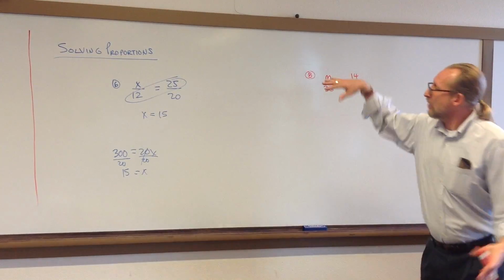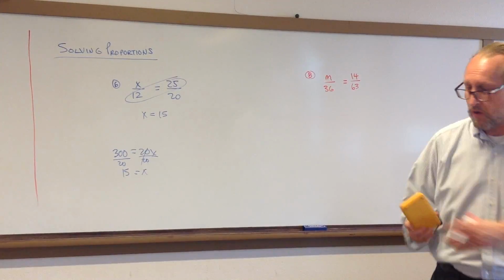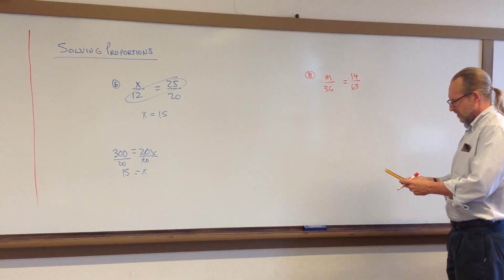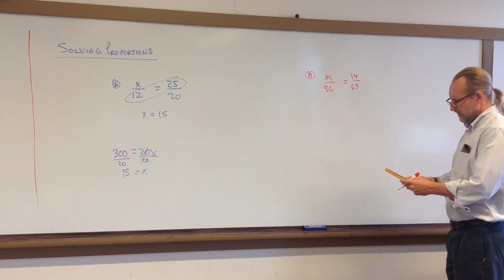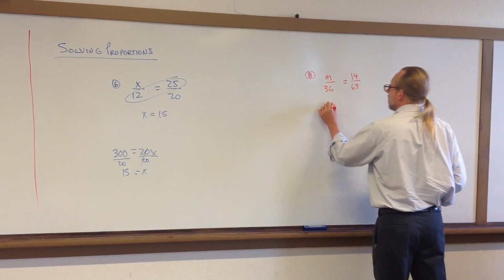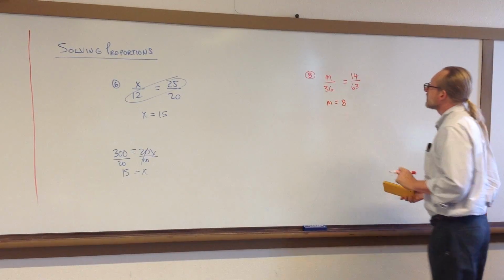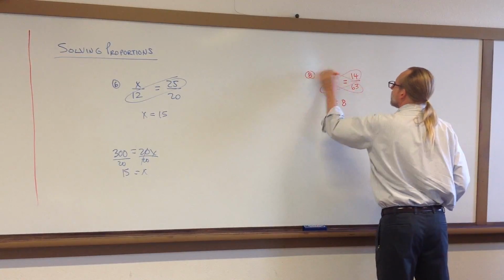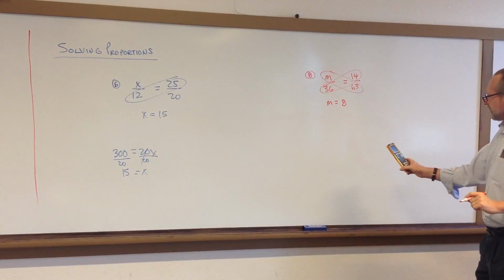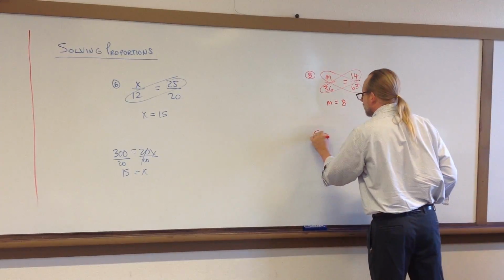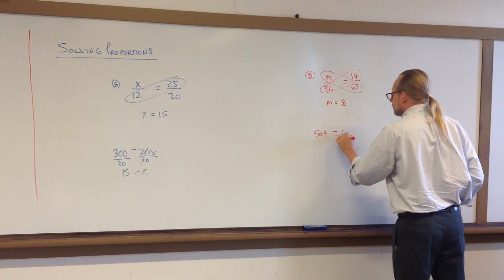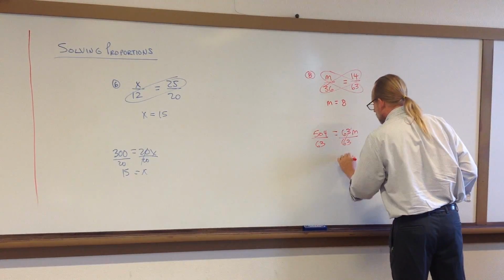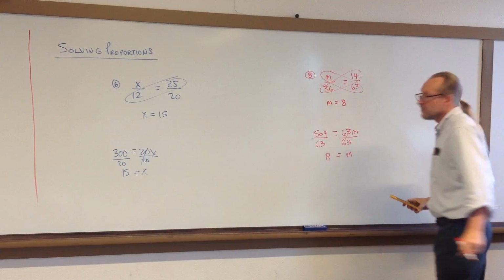And so again here, if we want to solve this the quick way, you just go 36 times 14, and then divide by 63, and that tells us m is equal to 8. So the steps to get there, if we do this by formal cross multiplication, that 36 times 14 was 504 equals 63m, and then divide on both sides by 63, and there's where the m is equal to 8.